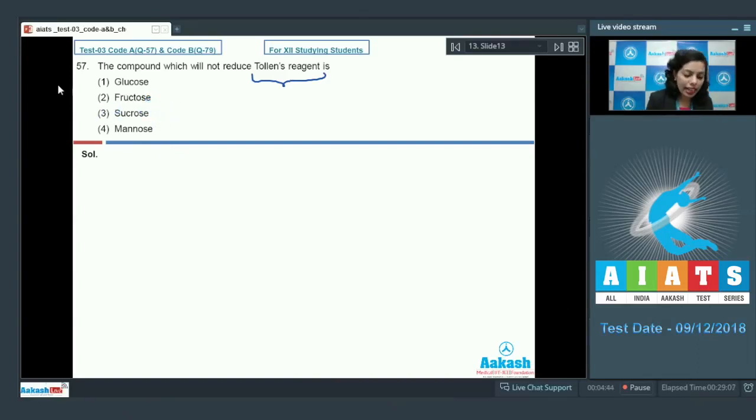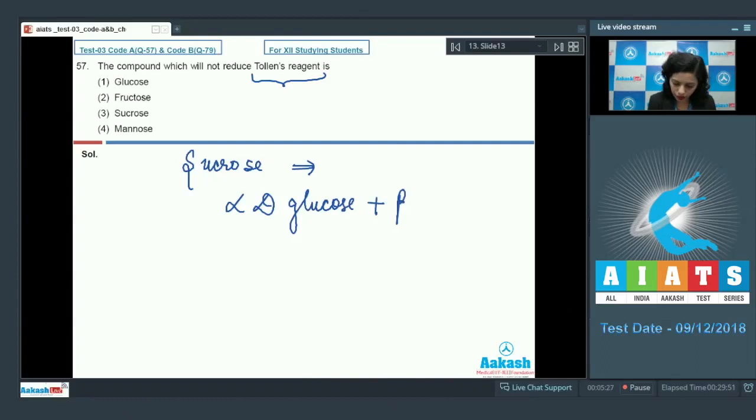But in the alkaline medium, this fructose gets changed into glucose and mannose. That is why it will also show the reduction. But if we talk about sucrose, sucrose is the compound which is formed by the combination of alpha D-glucose and beta D-fructose.